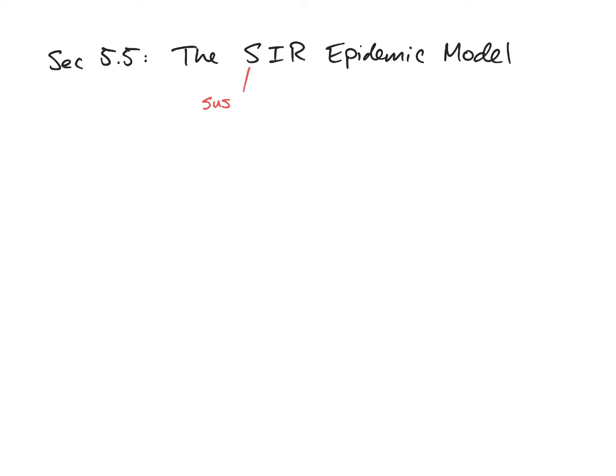So S stands for susceptible, however it's spelled, I is infected, and R is recovered. There are some similar models that have slightly different acronyms because they include other types of populations, but this is the simplest one.